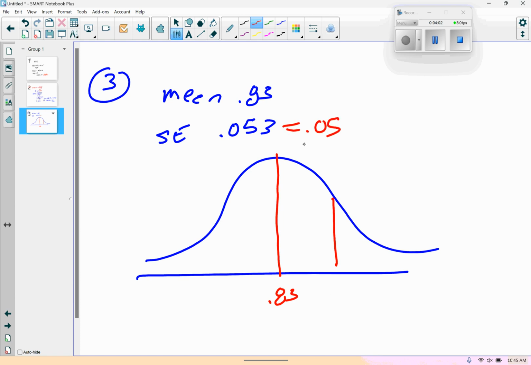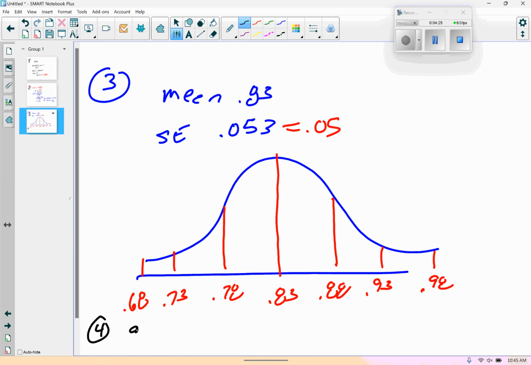Let's make that 0.05. So that'll be 0.88, 0.93, and 0.98. And if I subtract 0.05, I get 0.78, 0.73, and 0.68.